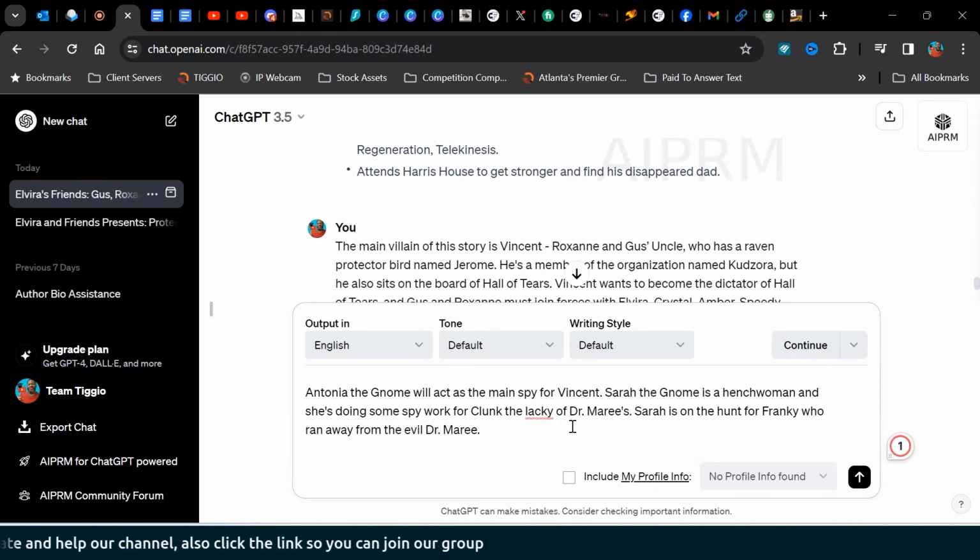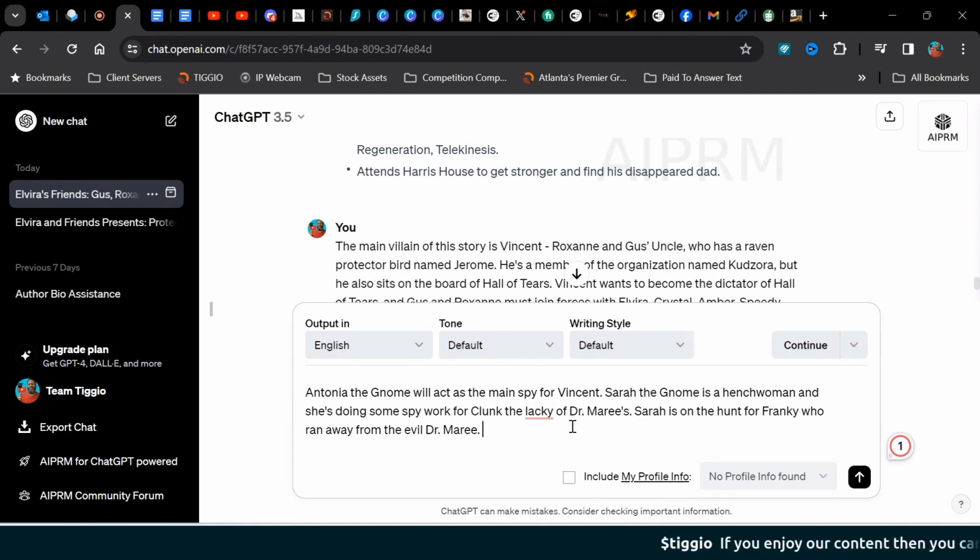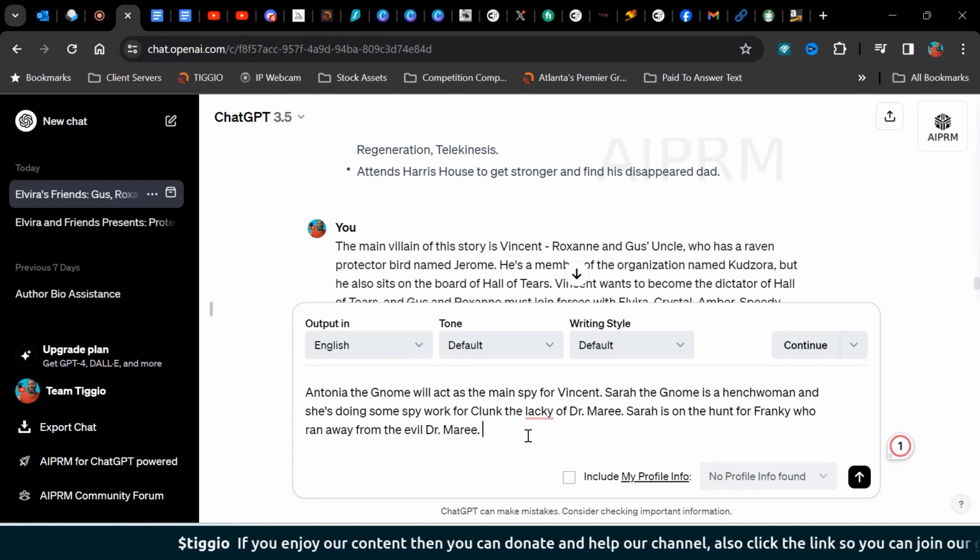Antonia, the gnome, Wag, acts as the main spy for Vincent. Sarah, the gnome, is a henchwoman, and she's doing some spy work for Clunk, the lackey of Dr. Marie. And Sarah is looking for Frankie, who ran away from the evil Dr. Marie.